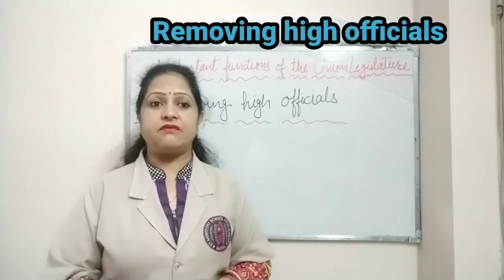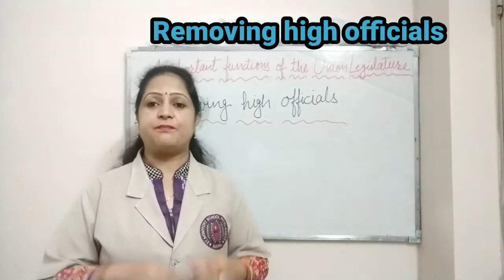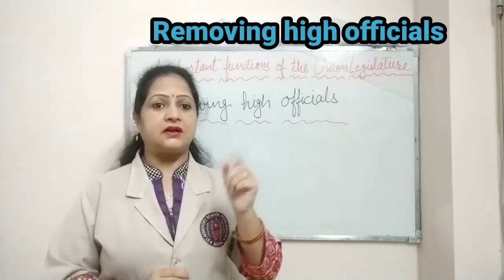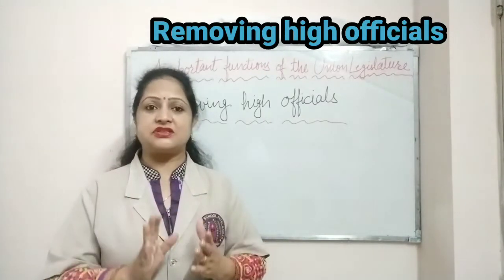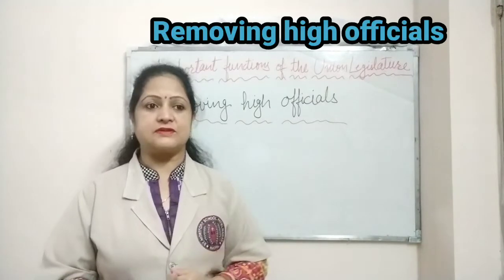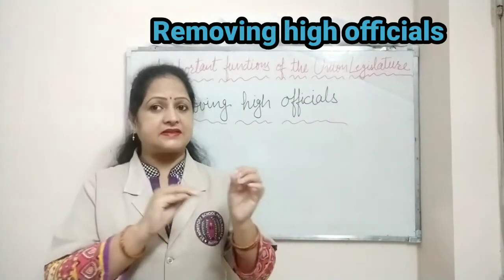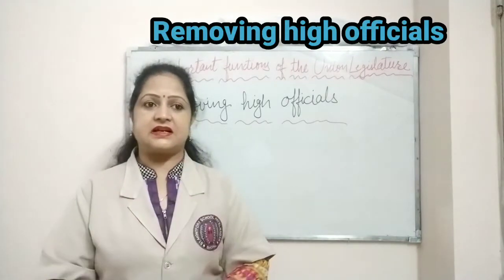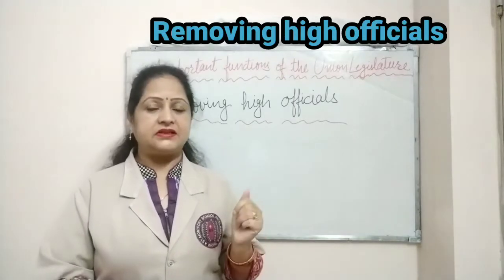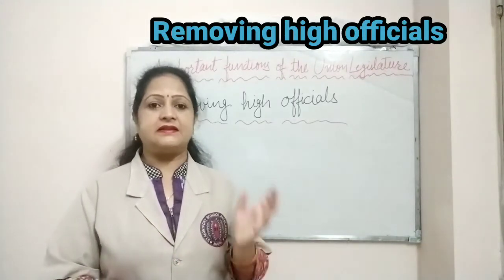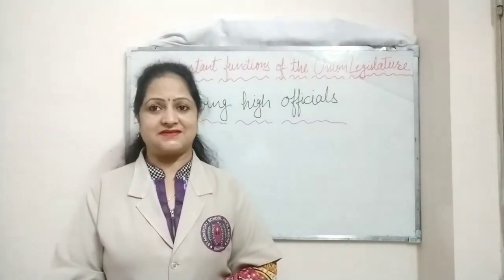They have to give a prior notice of 14 days. If the house passes it with a two-thirds majority of its total membership, the resolution goes to the other house, which investigates the charges. These high officials, the President, Vice President and the judges, are given the opportunity to defend themselves.